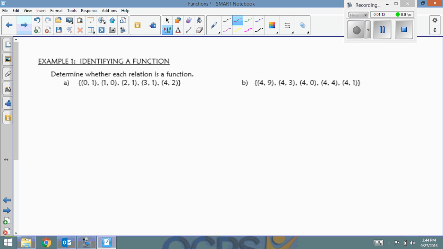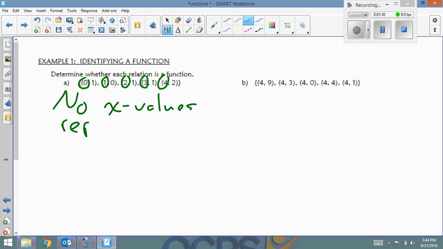So it says determine whether each one of these is a function. When we do this, we look at the x values only. We look at each one of these x values and see, do any of the x values repeat? In this case, no, they do not. So no x values repeat, and therefore this is a function.